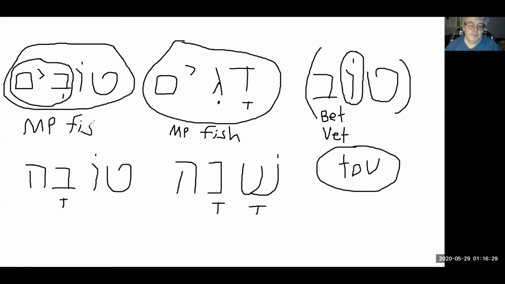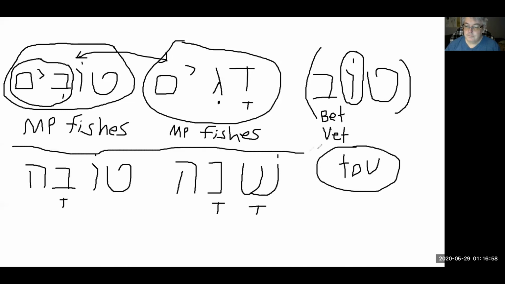So if you had some good fishes, it would be masculine plural. So what you're looking at there is they match, right? So the word good or the word large or whichever word you're putting with fish, it's going to change to match it. So if I change this to daga, then it would be daga tova, right? And down here you see tova, which is what? That's the feminine singular of good.